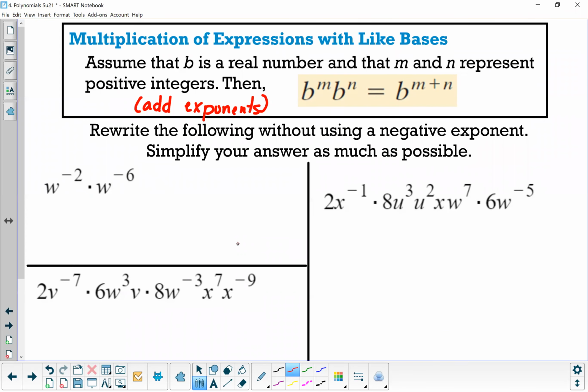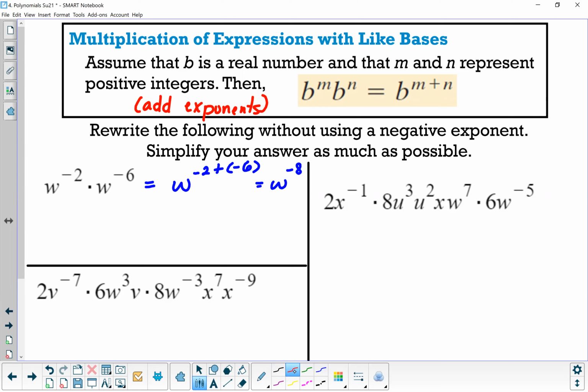All right, so we have w to the negative 2 multiplied to w to the negative 6. We can simplify this expression by adding our exponents. So we're saying w to the power of negative 2 plus negative 6, and that gives us w to the power of negative 8.